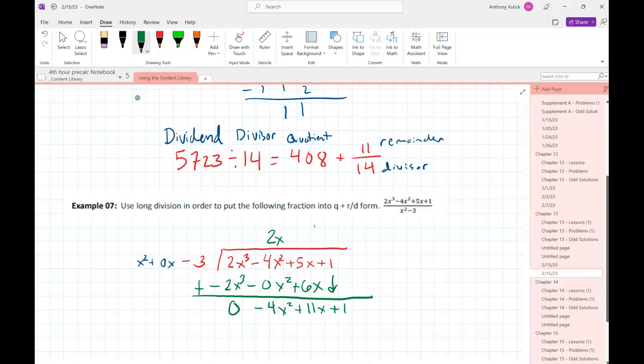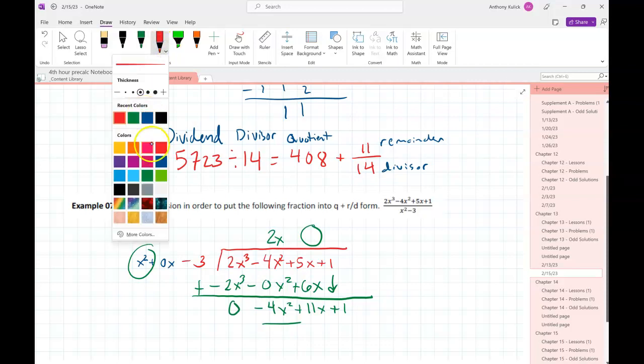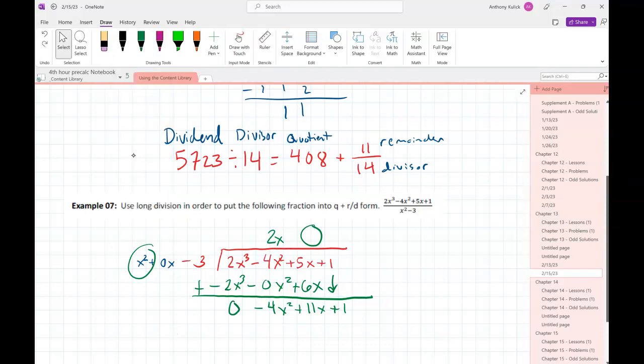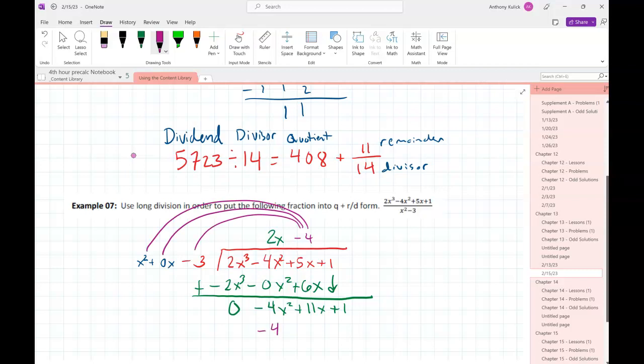Okay, next step. What times x squared gives me negative 4x squared? Negative 4, right? So once again, it multiplies to the entire divisor.